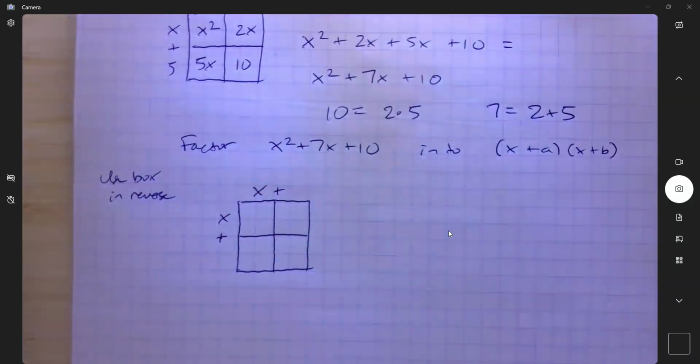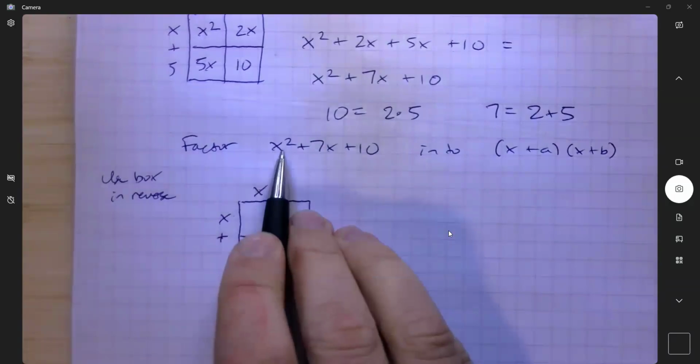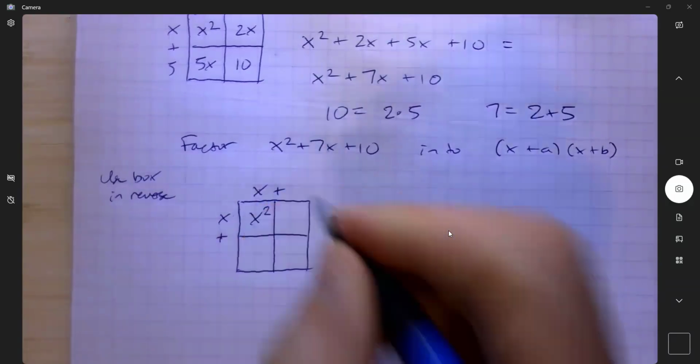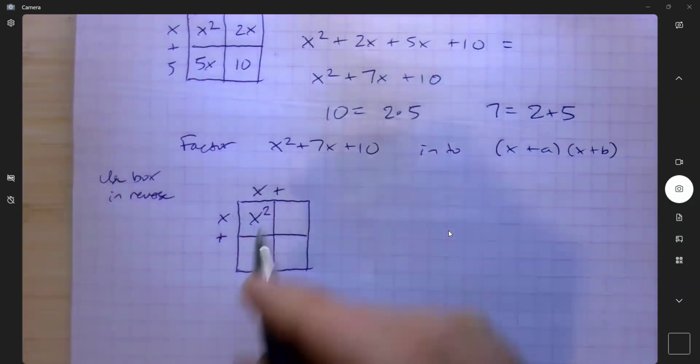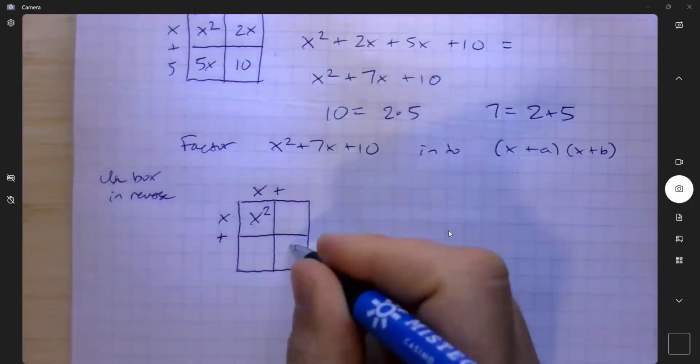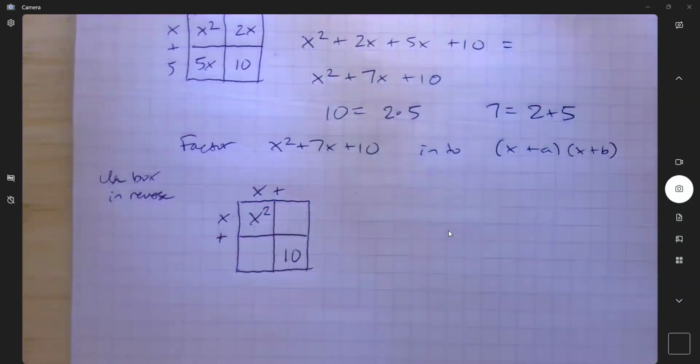So I'm just going to write down the information I know, which is that x times x is x squared. And I also know that this number in the lower right-hand corner has to be 10, because it's the number times the number.